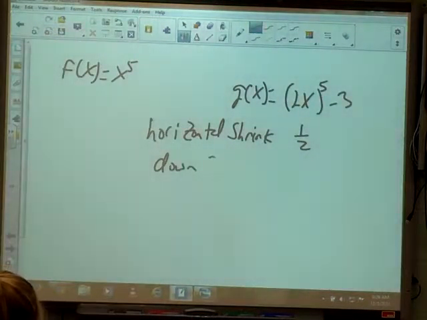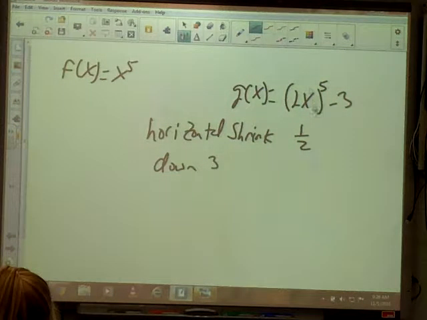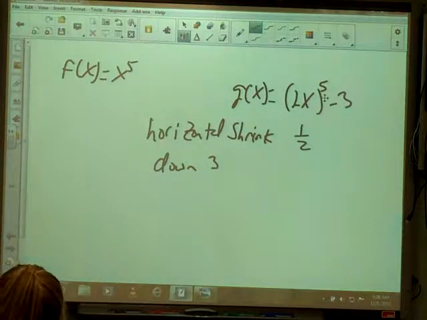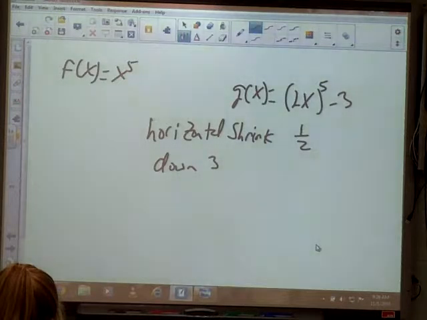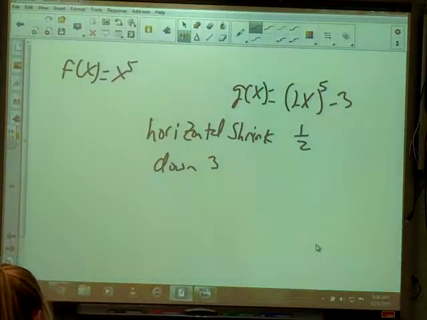and down 3. Okay, that was one of the reasons why I wanted you to copy that chart, because this looks exactly like it does in the chart. The 2x is in the parentheses with the exponent, so you just look through the examples, and on horizontal shrink, you see one that looks just like it. So if that was 3, it would have been 1/3.